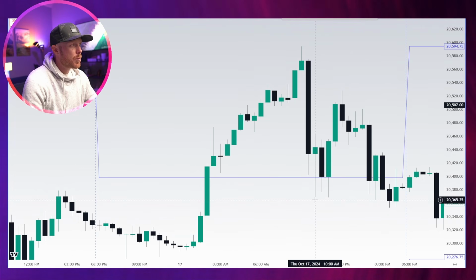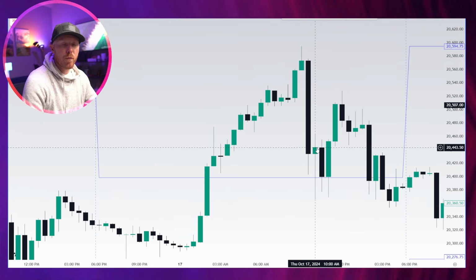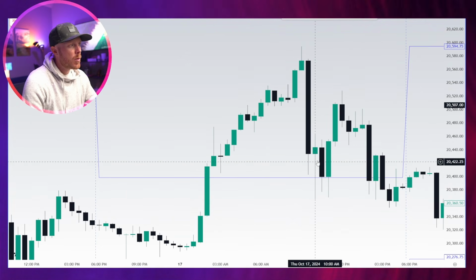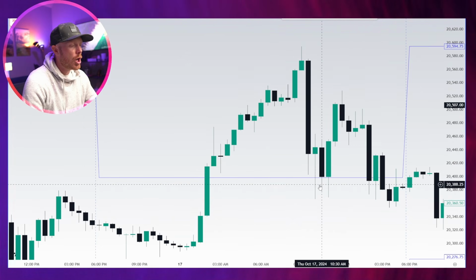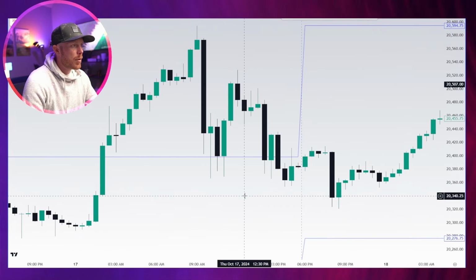Once we hit this previous day high, it actually moved from this low at 20,364 all the way to 20,443. That is an 80 handle move. Can you get 10 handles out of this? Absolutely. This is why we want to identify and key on previous day highs and previous day lows.